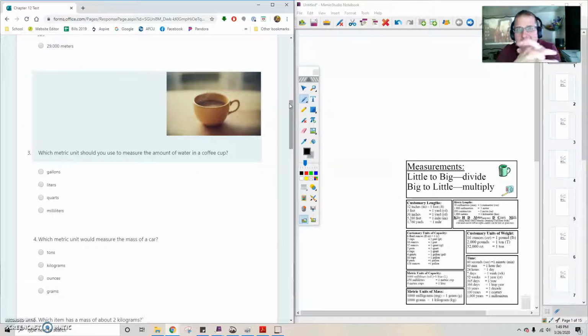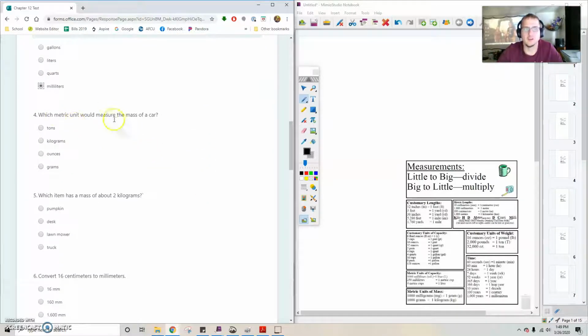So are we going to be talking a liter or are we going to be talking milliliters? Now remember that size of the liter. The 20-ounce bottle, the bigger one is the liter, and then the 2 liters, the biggest one. Okay? Are we going to be talking that big one to measure the size of a coffee cup? No. We're going to be talking milliliters to measure the size of this little coffee cup.